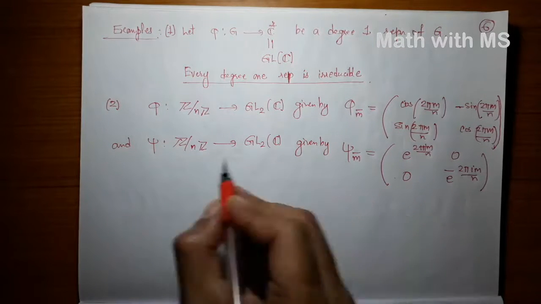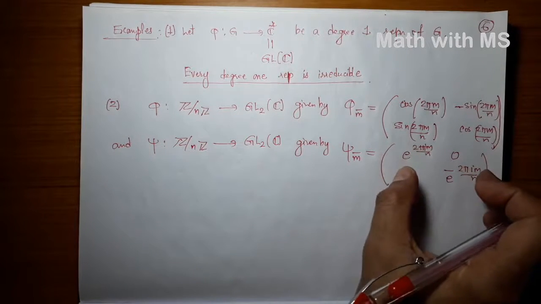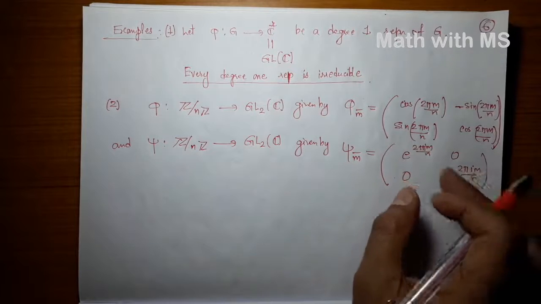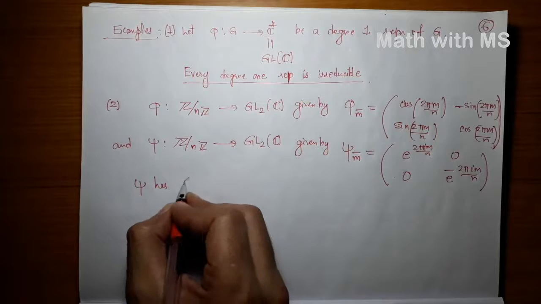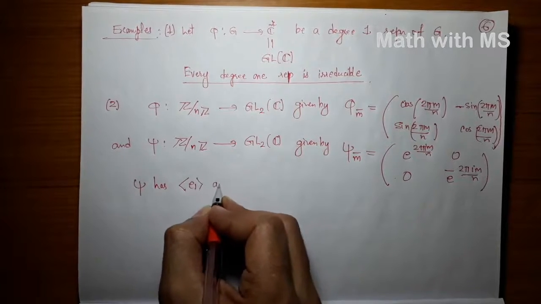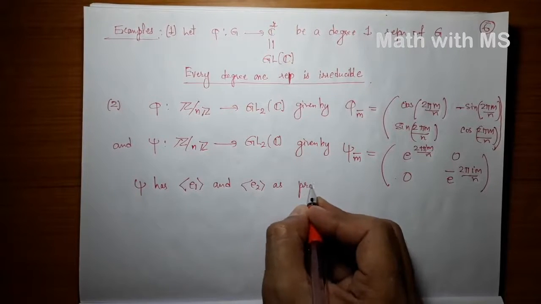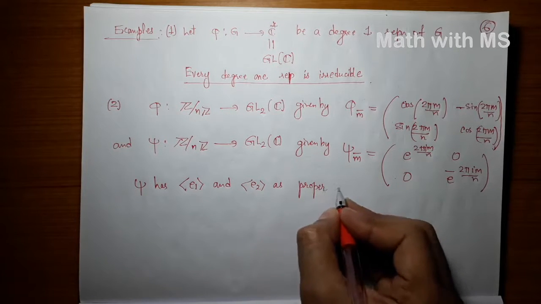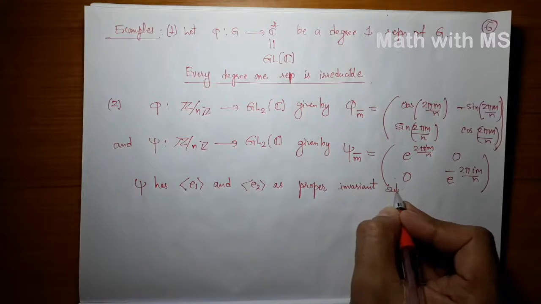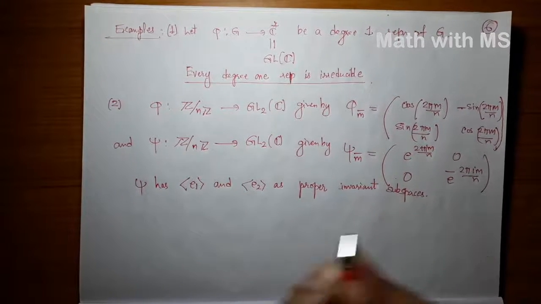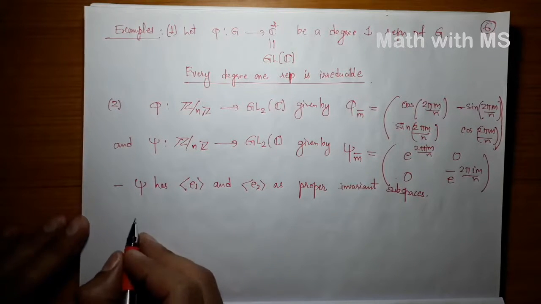We already showed that psi certainly has invariant subspaces because it's a block matrix, so psi has the subspaces spanned by E1 and E2 as proper invariant subspaces. So psi is certainly not irreducible.